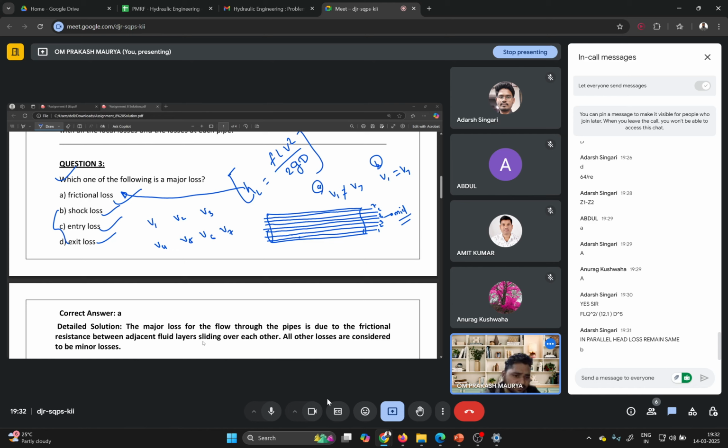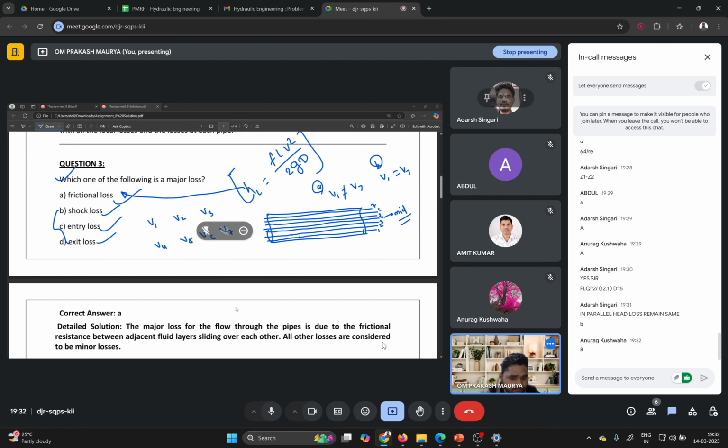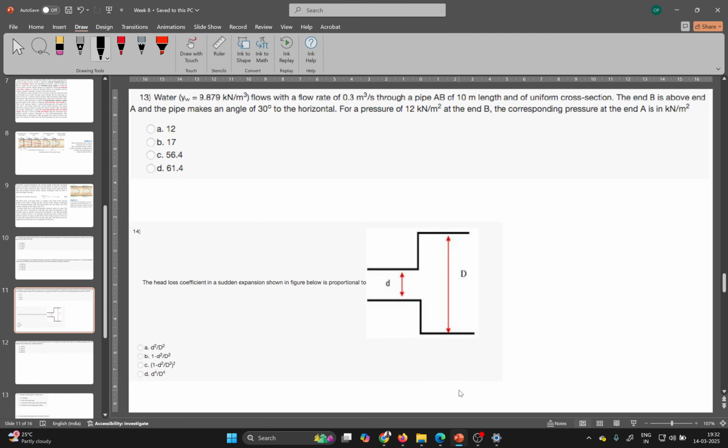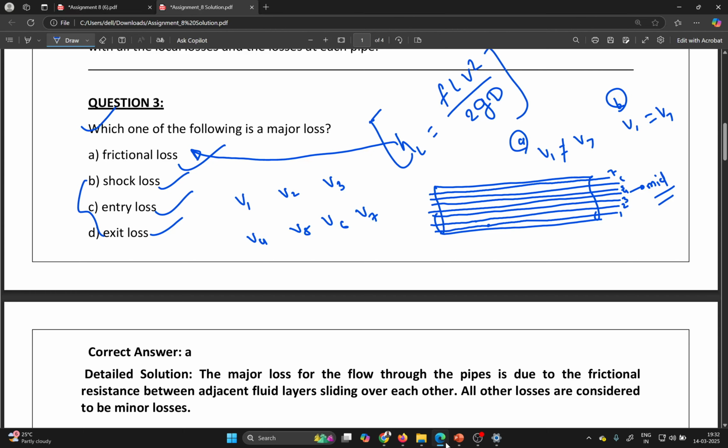So you are telling B. Everyone is telling B, Anurag is also telling B. Option B is correct because both are near to the surface. Similarly, V2 and V6 will be equal, V3 and V5 will be equal, like that.